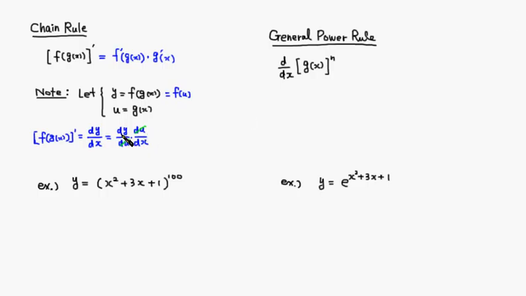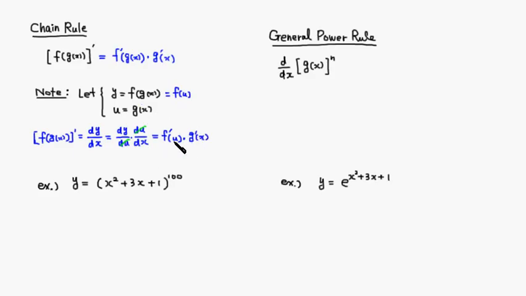But what is dy over du? This is the derivative of f of u with respect to u, so another way to write that is simply f prime of u. Then multiplying by du over dx is just the derivative of g of x with respect to x, so you would have g prime of x.